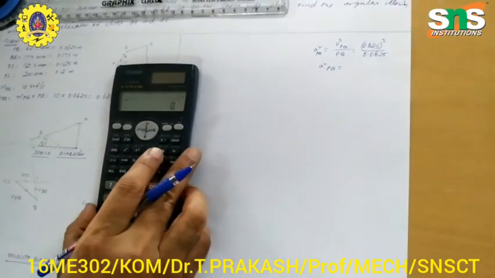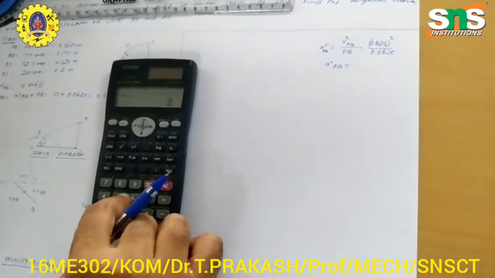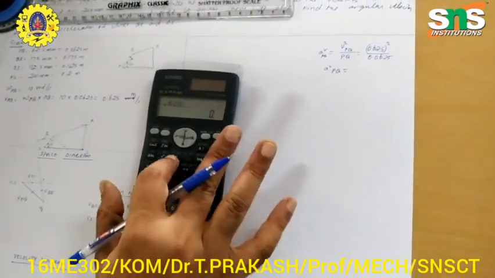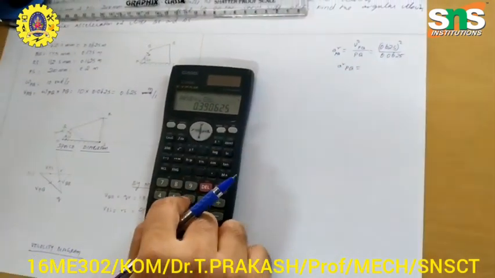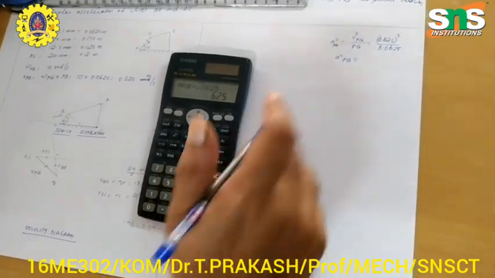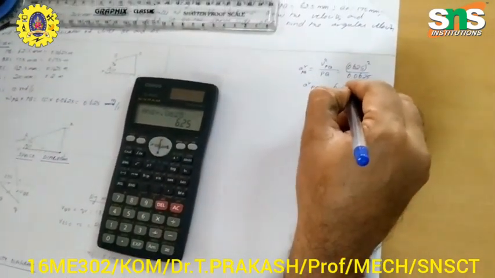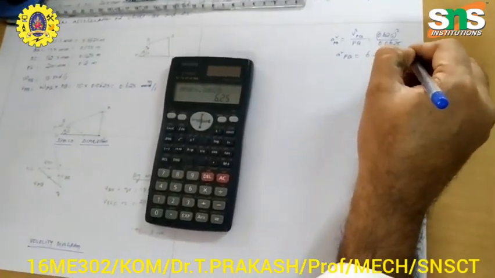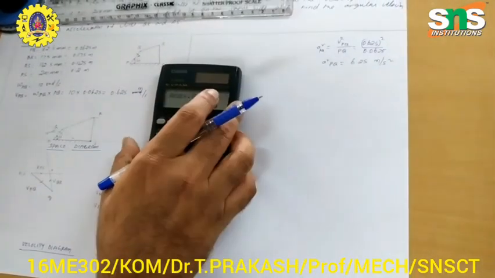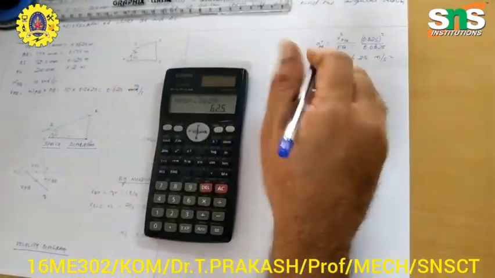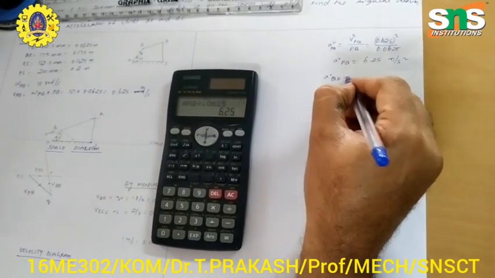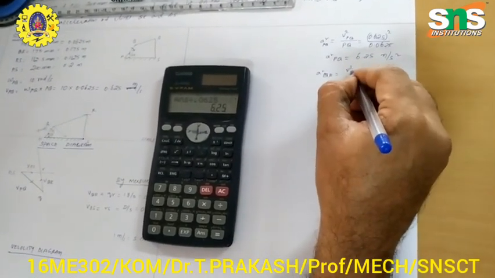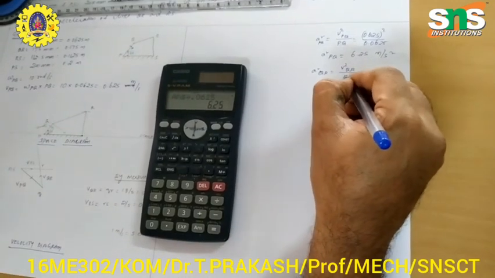You calculate the value 0.625 square divided by 0.0625. It is 6.25 meter per second square. Similarly, you find the radial component of QR. The formula is velocity square QR divided by QR.